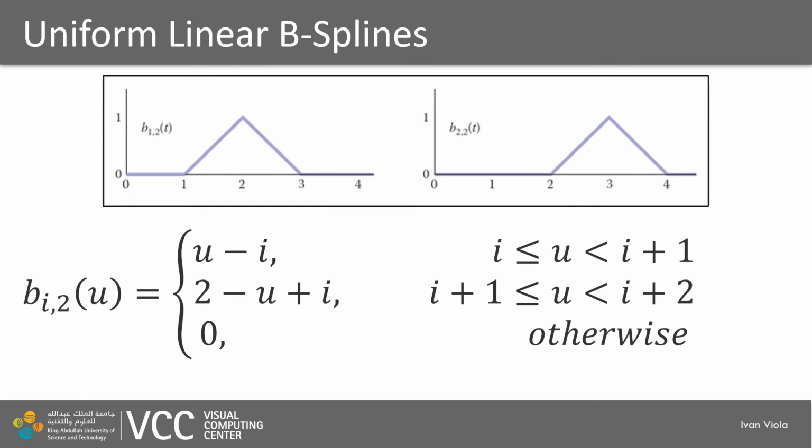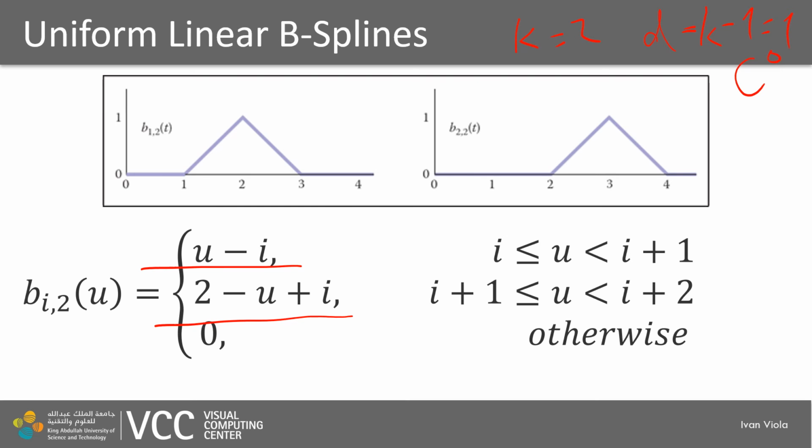Let's have a look at one example of a linear B-spline. Here k will be equal to 2, which means that the degree, k minus 1, is equal to 1. And the continuity is C0, as we said. Here are the two different functions which I was mentioning, which we define as our basis functions.